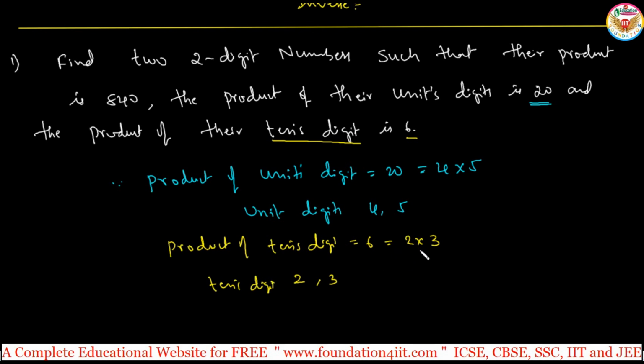Even 1 and 6 we can take, but let us take 2 and 3 first. If it does not work, we go for 1 and 6.